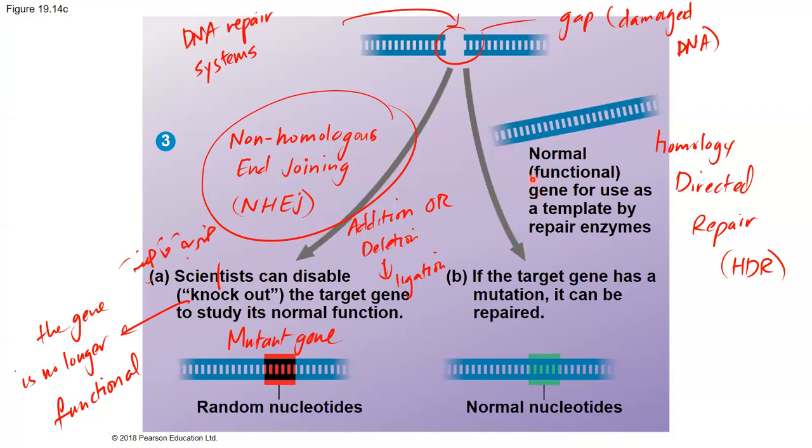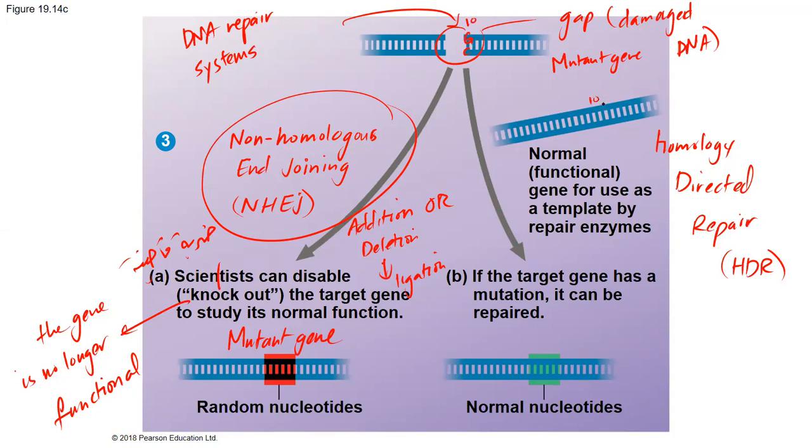So this way could be used to repair a mutant gene. So imagine this is a mutant gene, and it is a mutant gene because here we have a G and a C. In the normal gene, this is nucleotide number 10, for example.